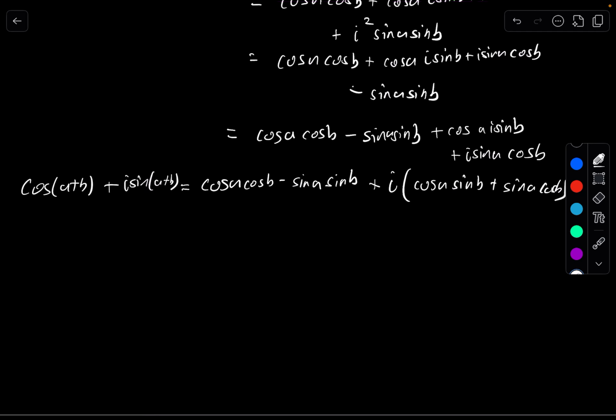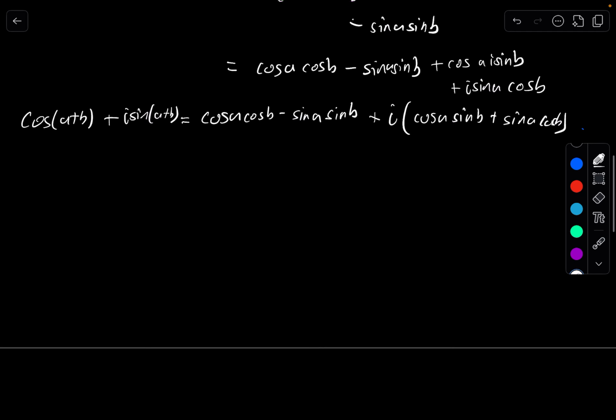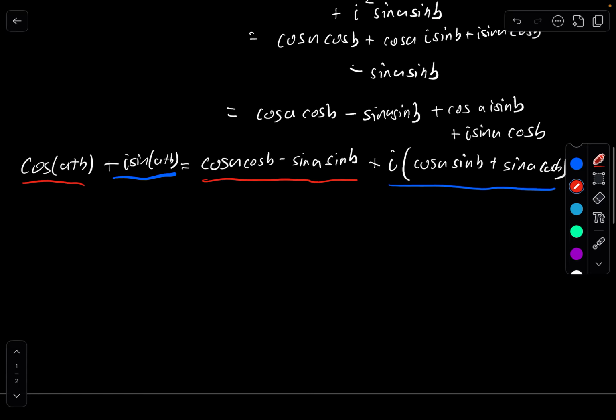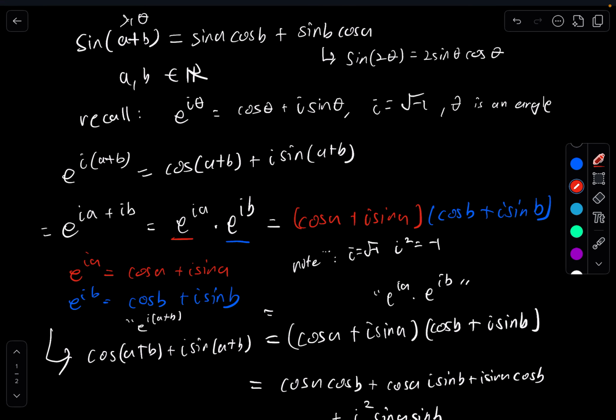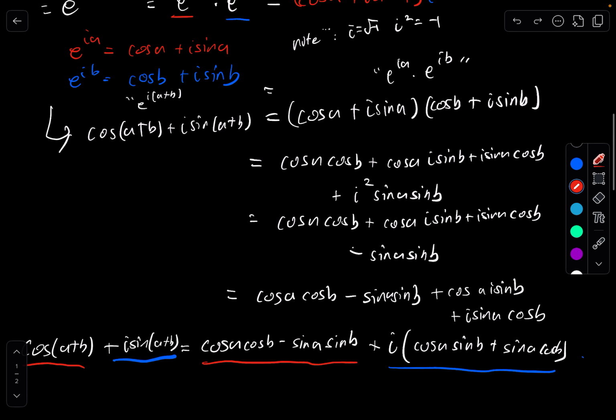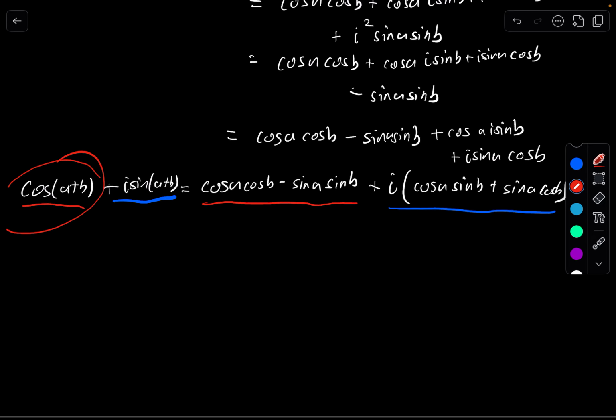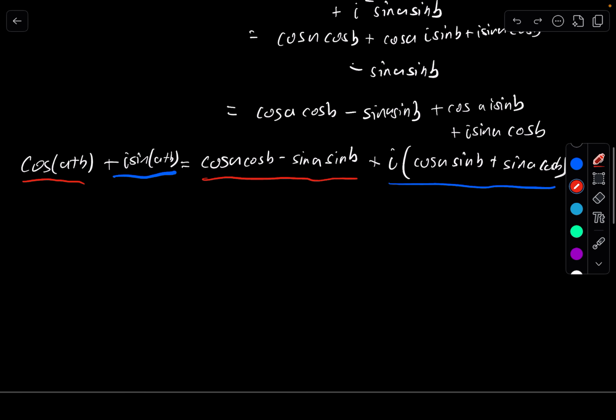Okay, now all we have to do is recall that this blue part is the imaginary part, and this red part is the real part. And guess what, guys? Not only did we just show this formula is true, we have also shown the cosine of the sum of two angles. So let me show you.